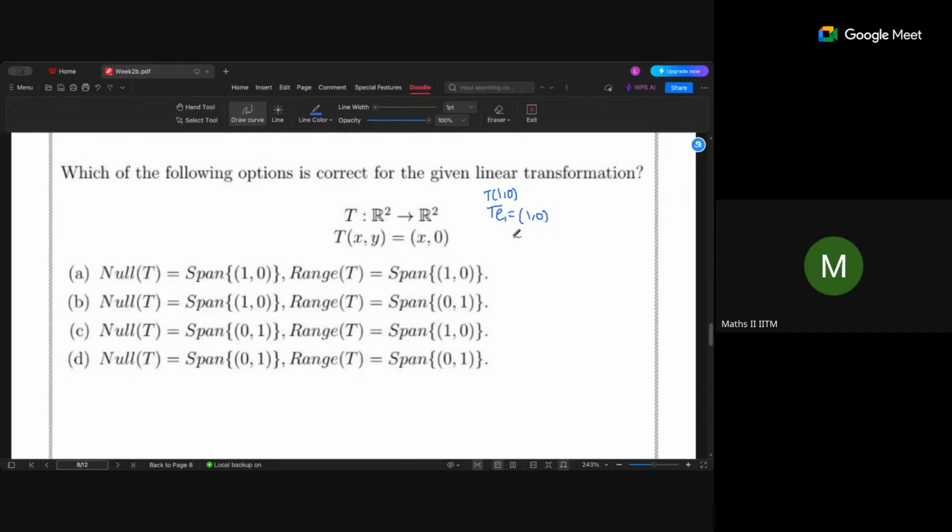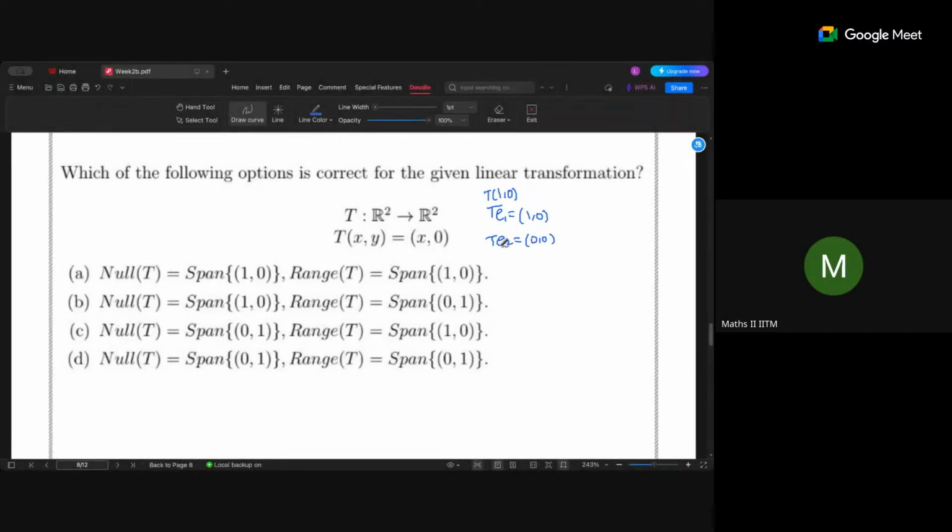It's simply (1, 0), right? Yeah. And what about T of E2? T of E2 is (0, 0), right? T of E2 is (0, 0).